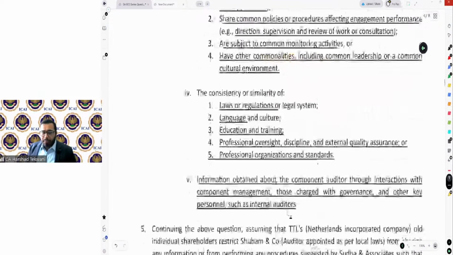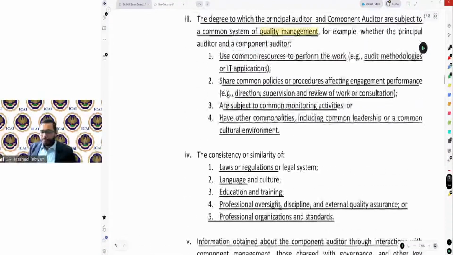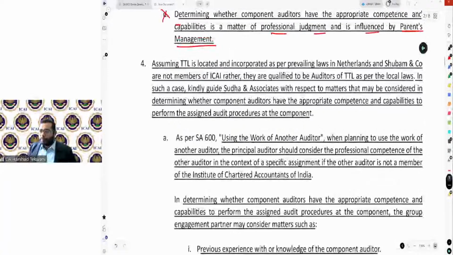Clear? Any doubt? Any doubt with respect to this? Namrata, I'm not able to understand your question. Can you reframe it a bit? Like, understand which things?